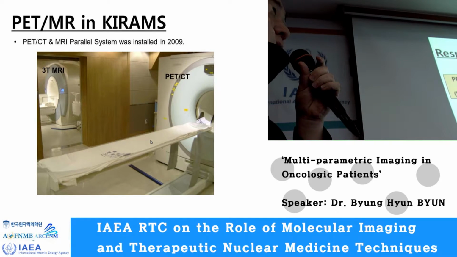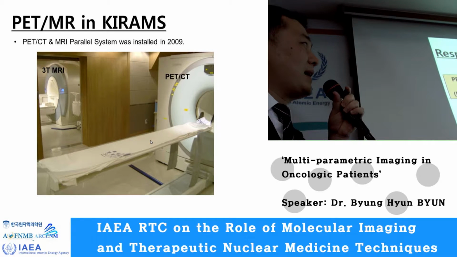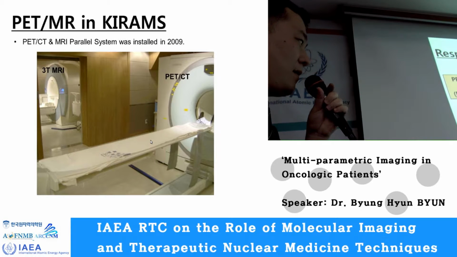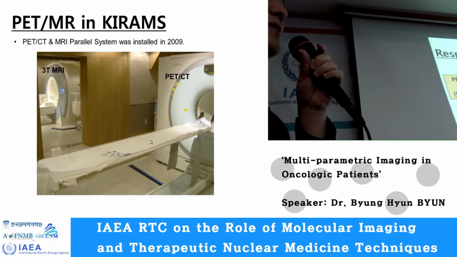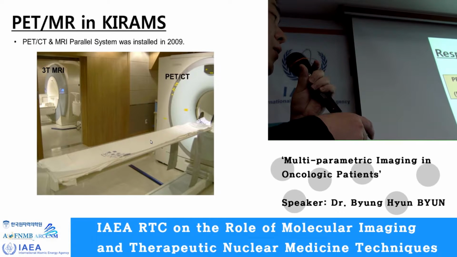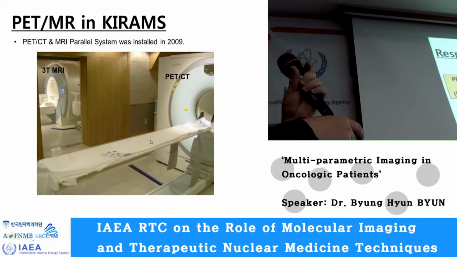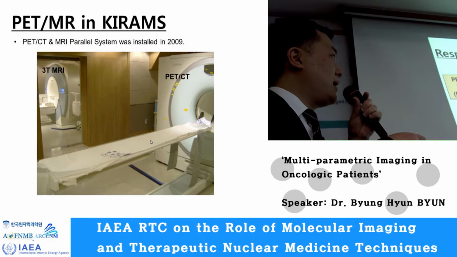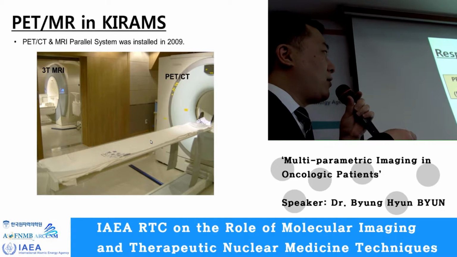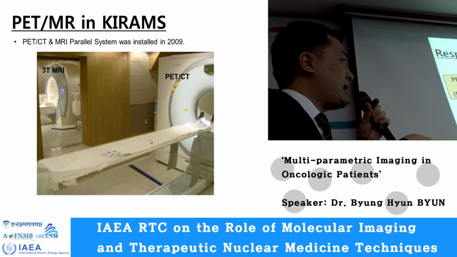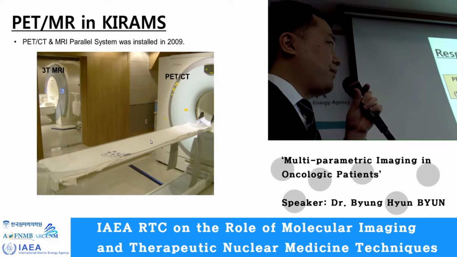This is a study flow in osteosarcoma. Before the initiation of neoadjuvant chemotherapy, the standard protocol, we acquired the PET images of the whole body for the staging of cancer, and MRI of the extremity is performed, dynamic MRI and diffusion-weighted imaging.